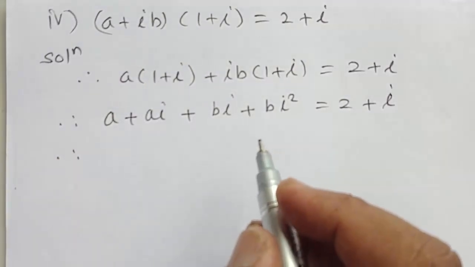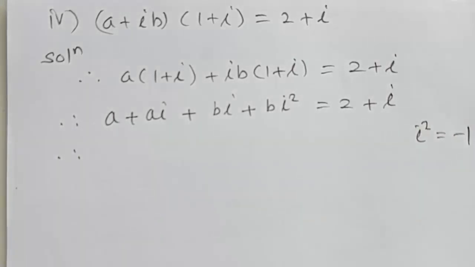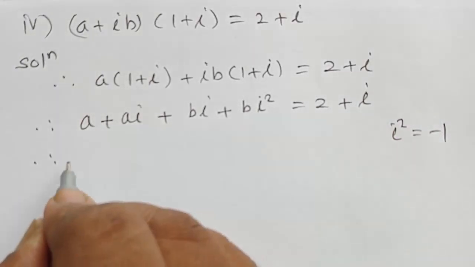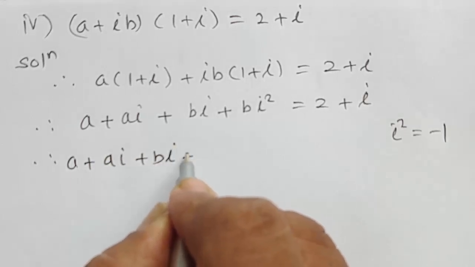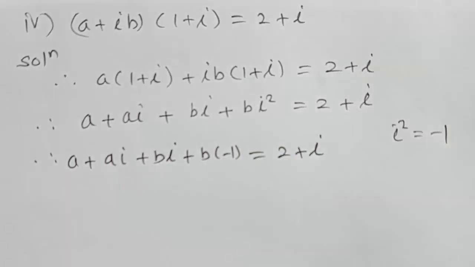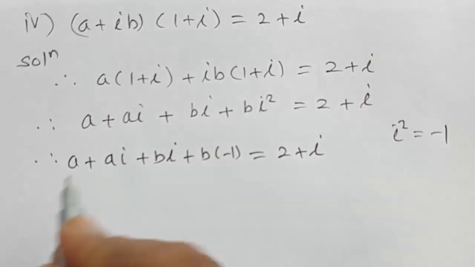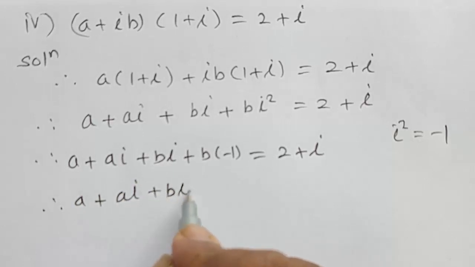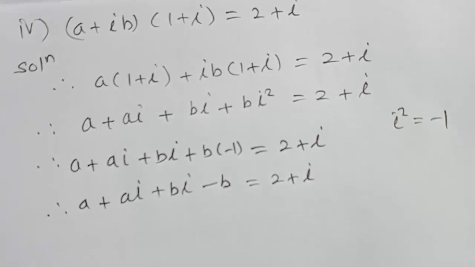Therefore, now i square is equal to minus 1. Putting the value of i square as minus 1, a plus a into i plus b into i plus b into minus 1 is equal to 2 plus i. b into minus 1 is minus b, therefore a plus a into i plus b into i minus b is equal to 2 plus i.